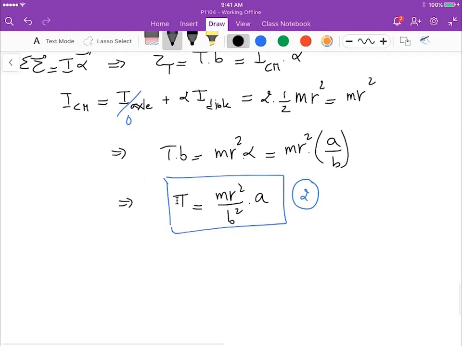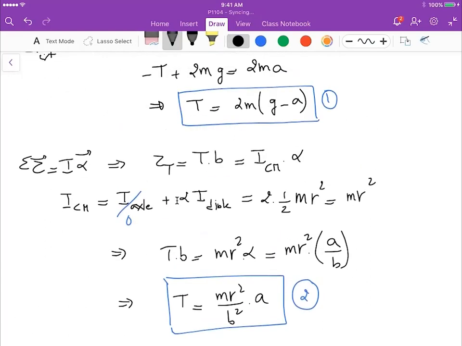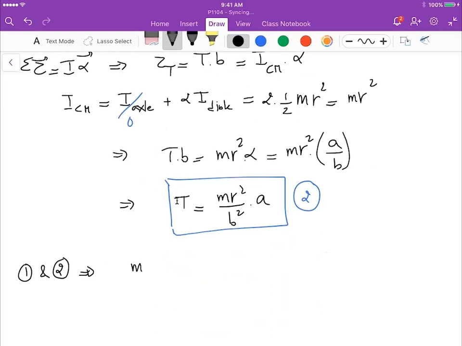So let's do it. Now equations 1 and 2 we can write down. So T أول equation T is equal to 2mg minus A. محل T رح نحط قيمتها. فإذا m r squared over b squared times A, that is equal to 2mg minus A. Right? So let's actually get rid of the mass term.